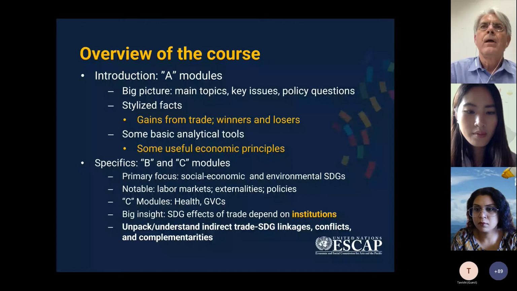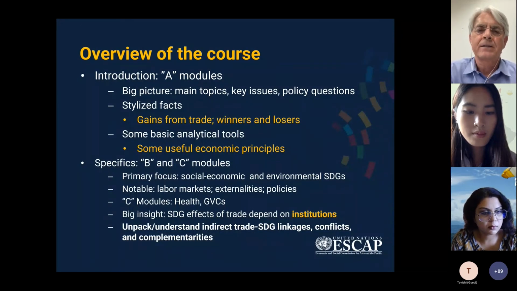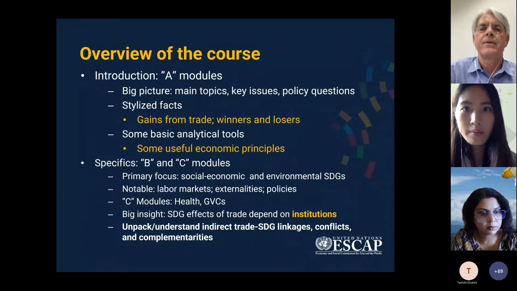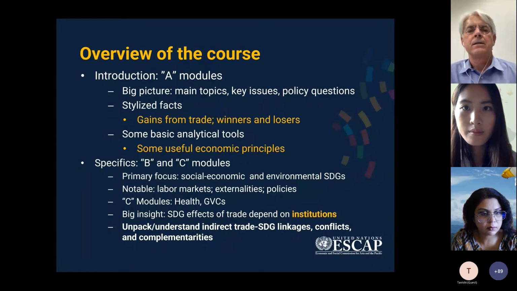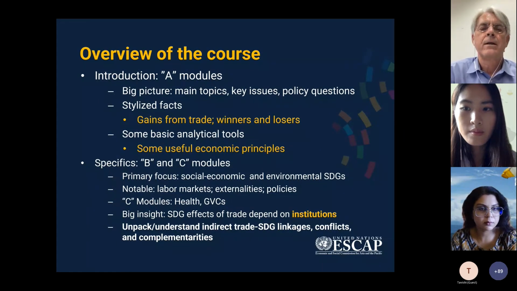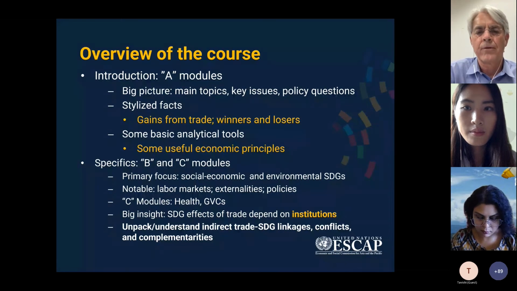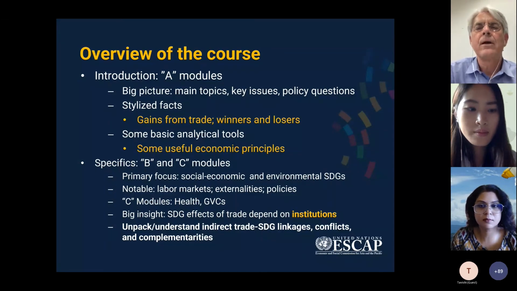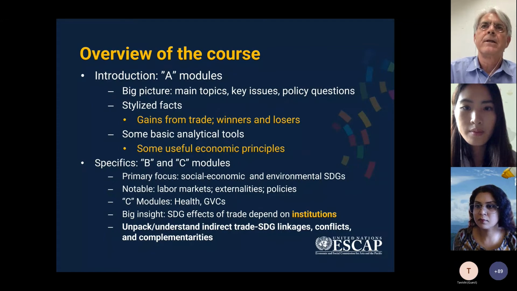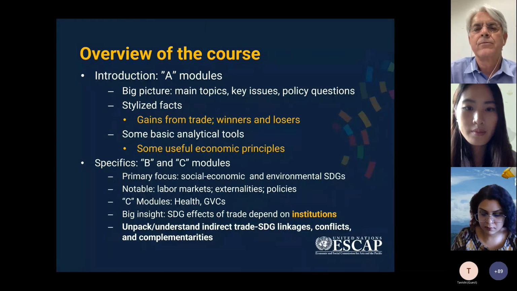Along the way, in the A modules, we present a number of stylized facts, a number of very general things that we know to be true about trade in general and about the interactions of trade and the targets of the SDGs. Some of these stylized facts, for example, we know that when countries engage in trade, both of them win, or all of them win, but that also there will be, within each country, winners and losers from trade.